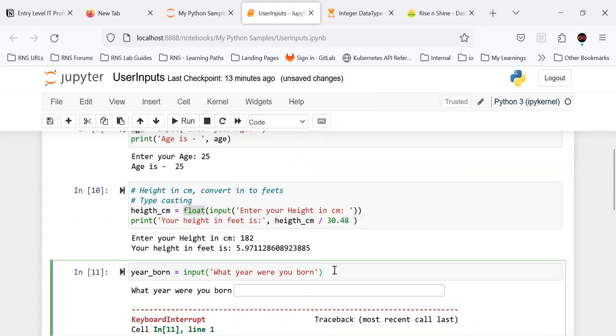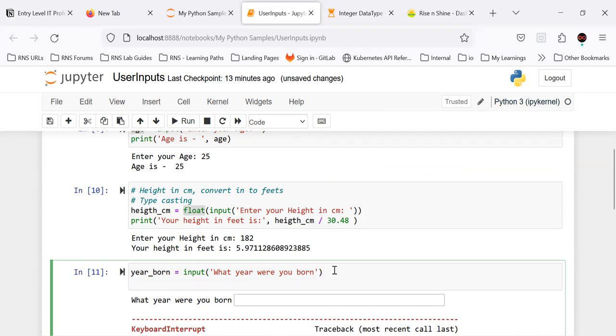Okay, so let's go for printing. By 2023, what is his age?